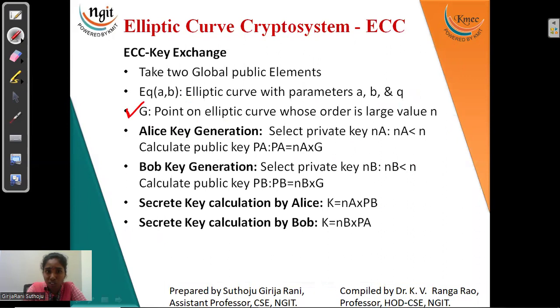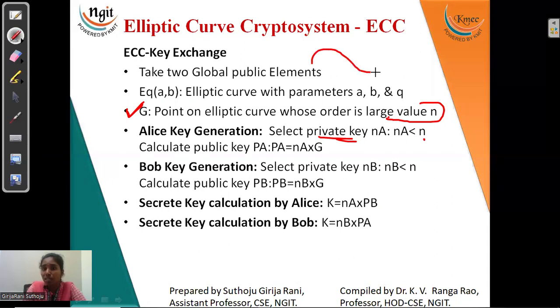After this, we have to go with one point, that is the point g, which I have just shown on the plot. We have to select the larger value n. After the curve ends, I have given one larger value n. This n value will decide what the g value is. Now, we have to select one private key which must be less than my n value, which I have plotted after 3 points.